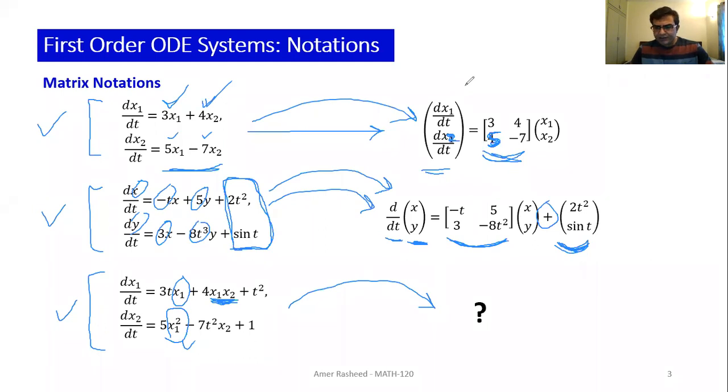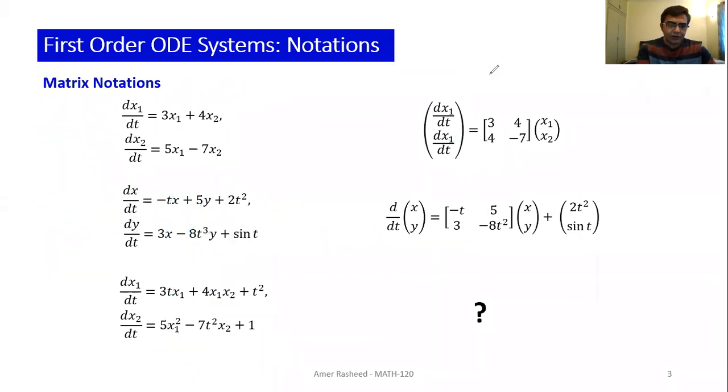Another question: sir, isn't 8t cube non-linear in the second example? No, it's not. In the second example, this is the coefficient, and this coefficient involves only the independent variable, not the dependent variable.